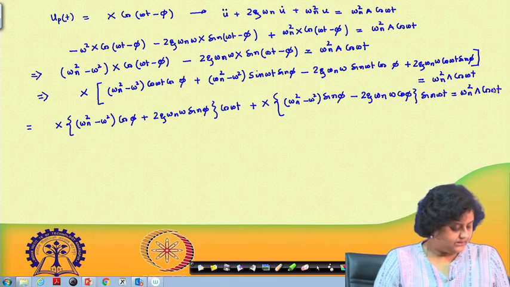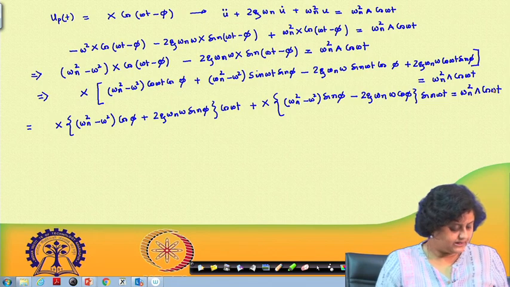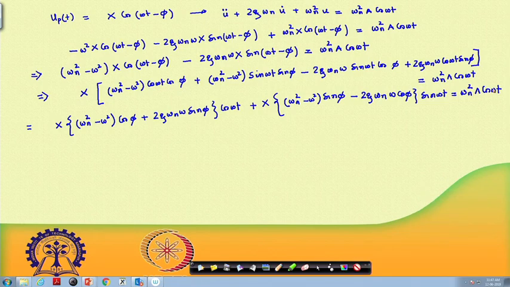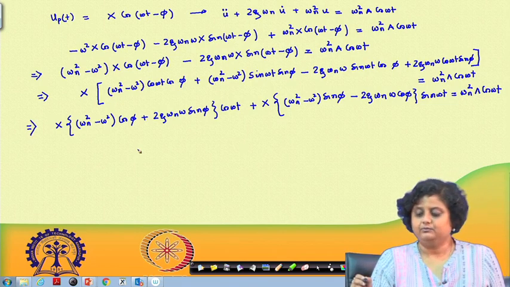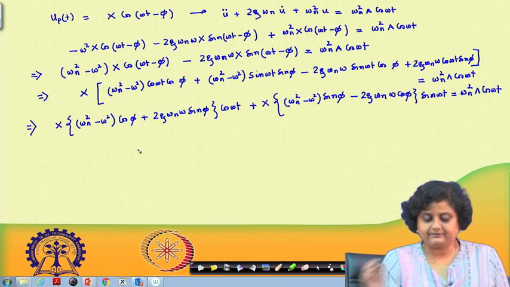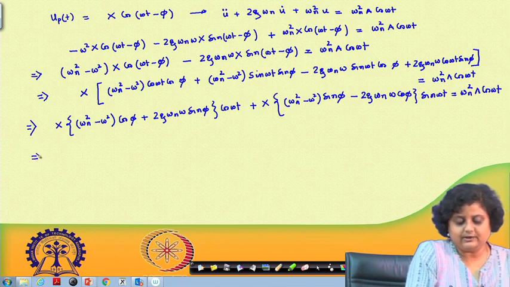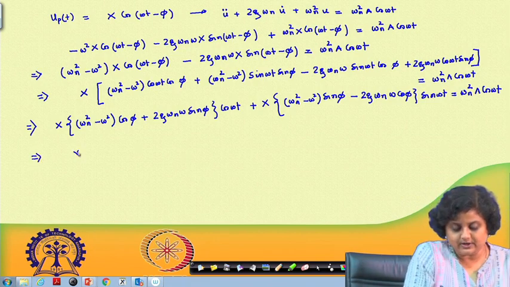Okay. So, let me just check if I have done it correctly. Yes. So, now if I equate the terms on the left hand side with the right hand side, from this equation I can actually get two equations.